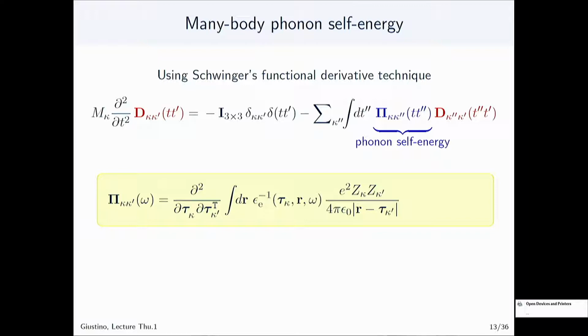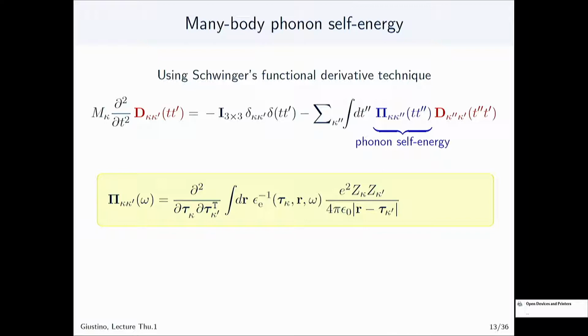If I look at this interaction, this has a dummy variable, which is a position, and this also has a dummy variable, which is a position, and there is an integral here. What this really means is that I'm not looking at the interaction between two nuclei in the middle of nowhere. I'm looking at the electrostatic interaction between two nuclei immersed in a system where there are other electrons, okay? So this dielectric matrix is saying that they don't see the full charge of each other, but are screened by the presence of the electrons.